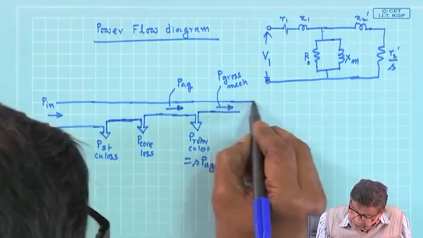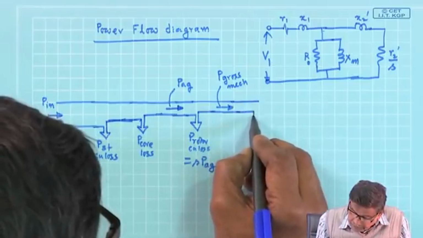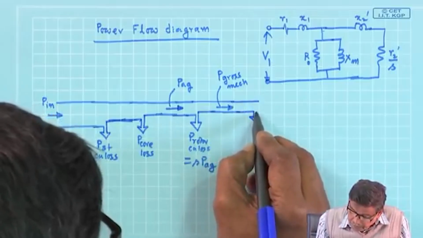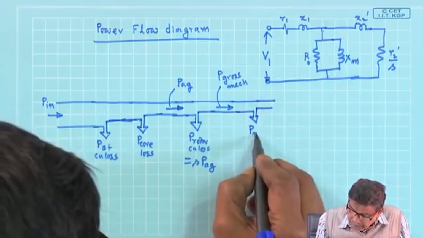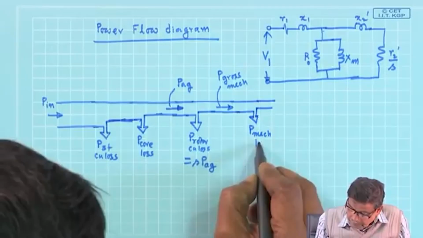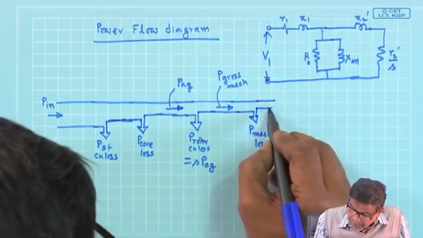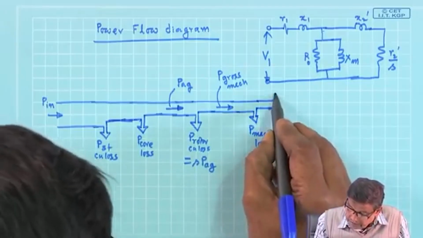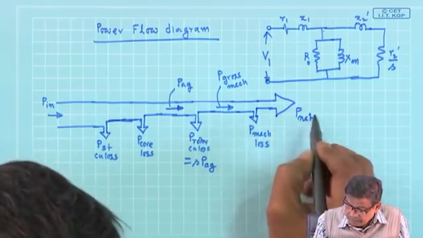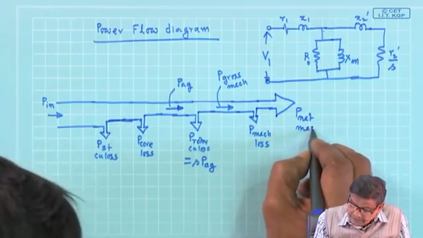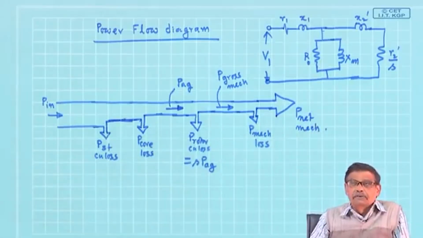Then after this, if you subtract a small mechanical loss, then whatever power you get is the P net mechanical. This is the exact thing, no doubt about it.